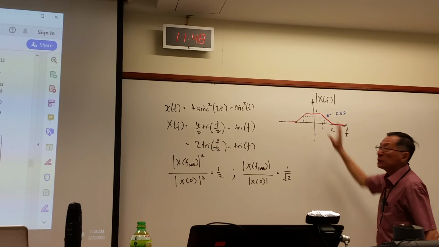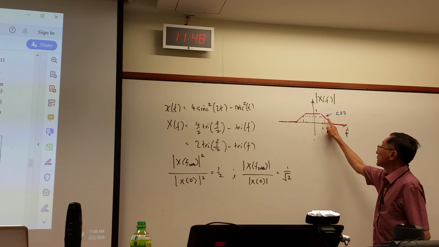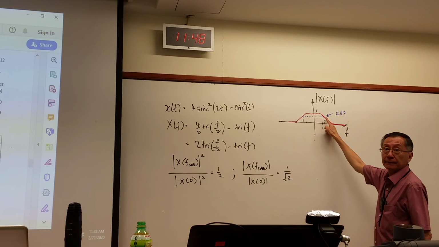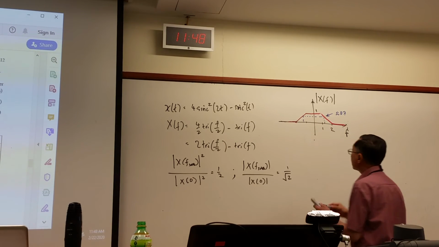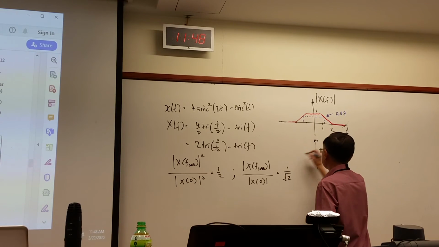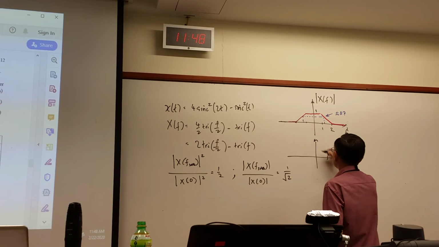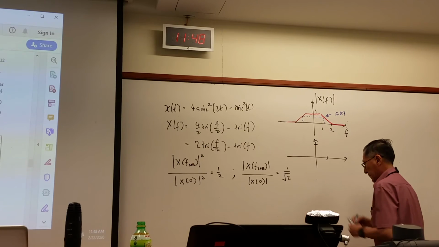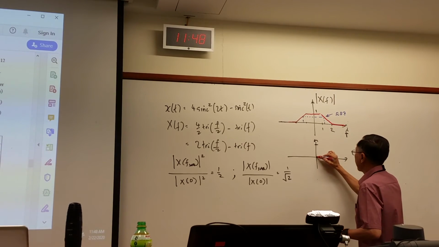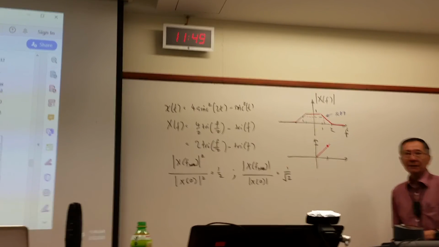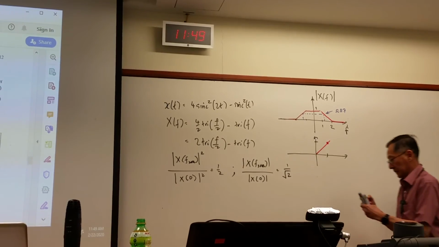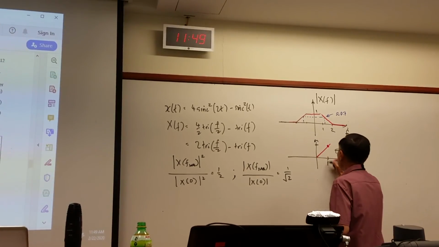So let me redraw this, because I want to find where this point is. If I redraw it this way, it's easier to see. I'm going to draw it this way. One.